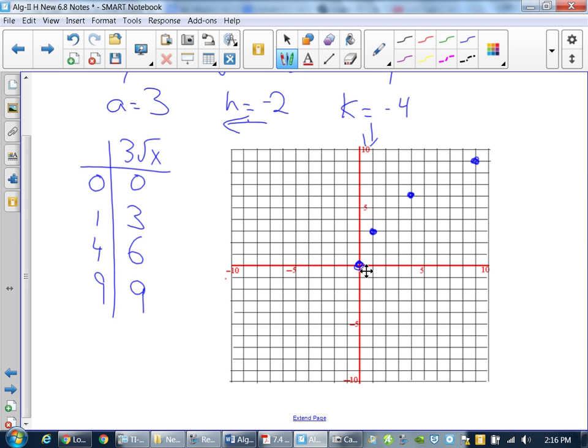So what happens when you have what's called a parent function? A parent function is always going to follow some pattern.